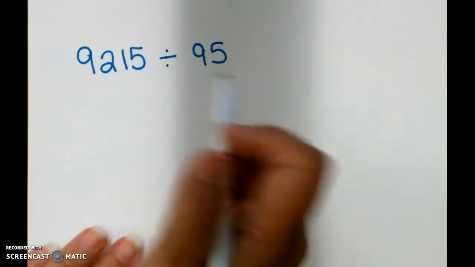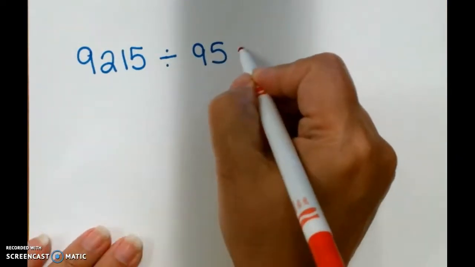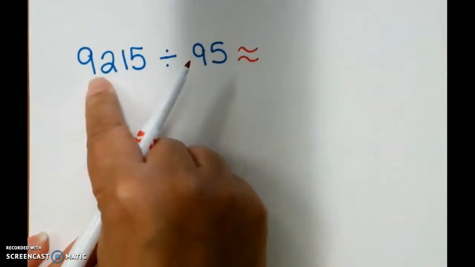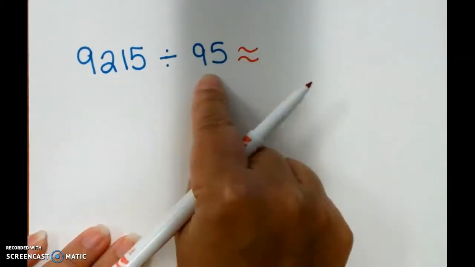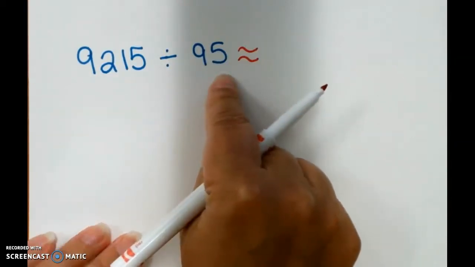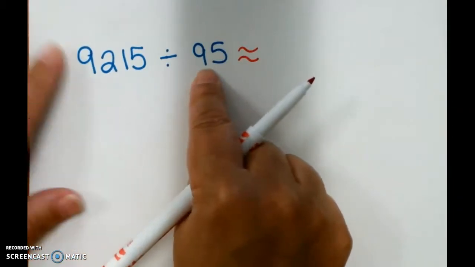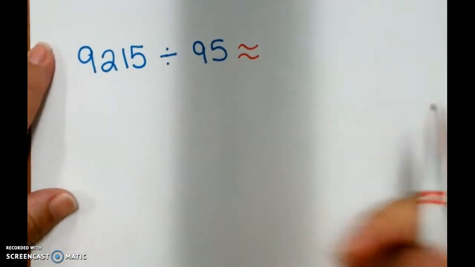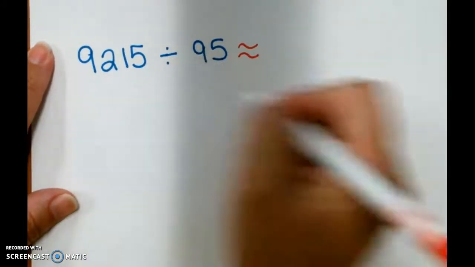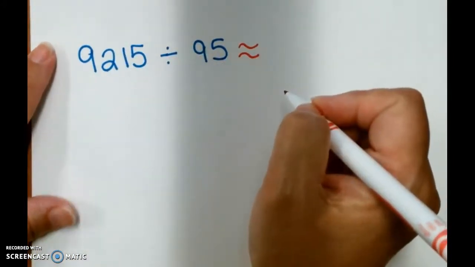Okay, so our last practice problem is going to be 9,215 divided by 95. Well, my first digits are 9 and 9, so I can just round to those numbers to give me a good starting spot.